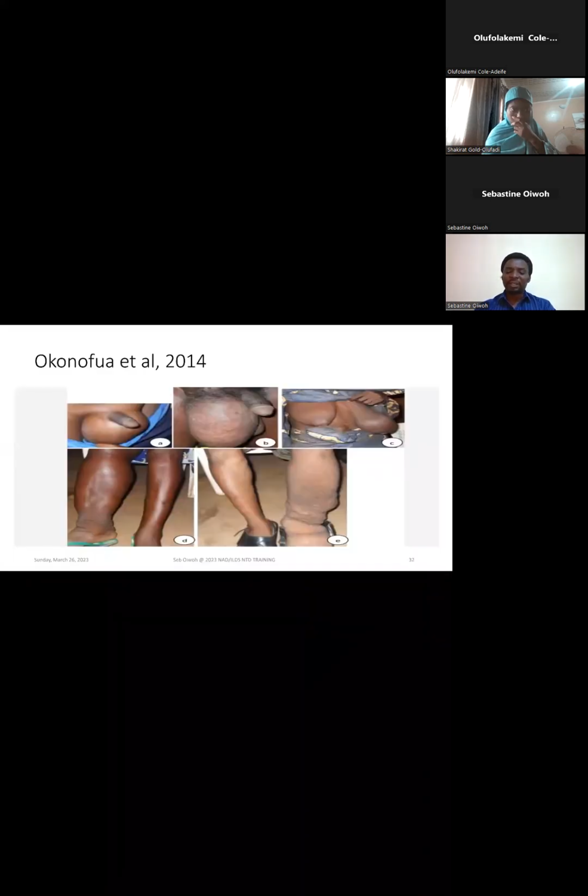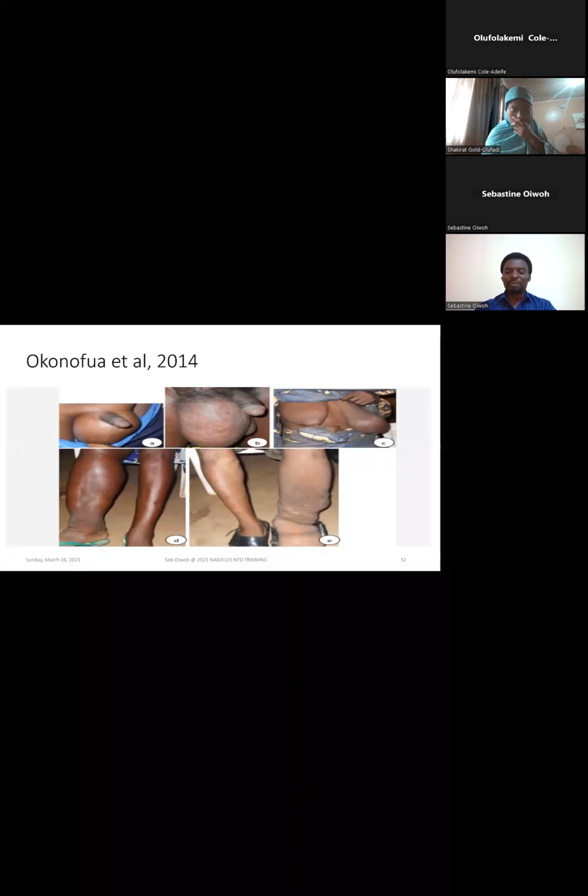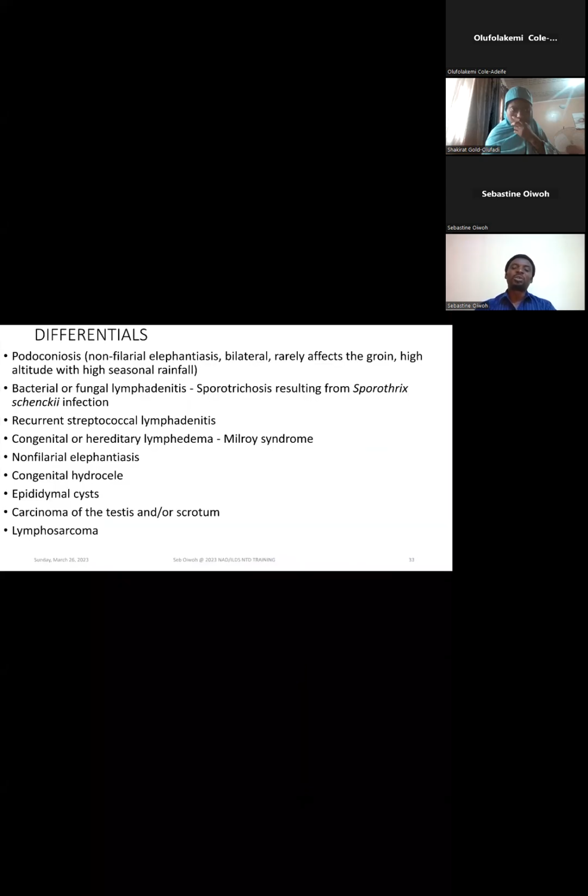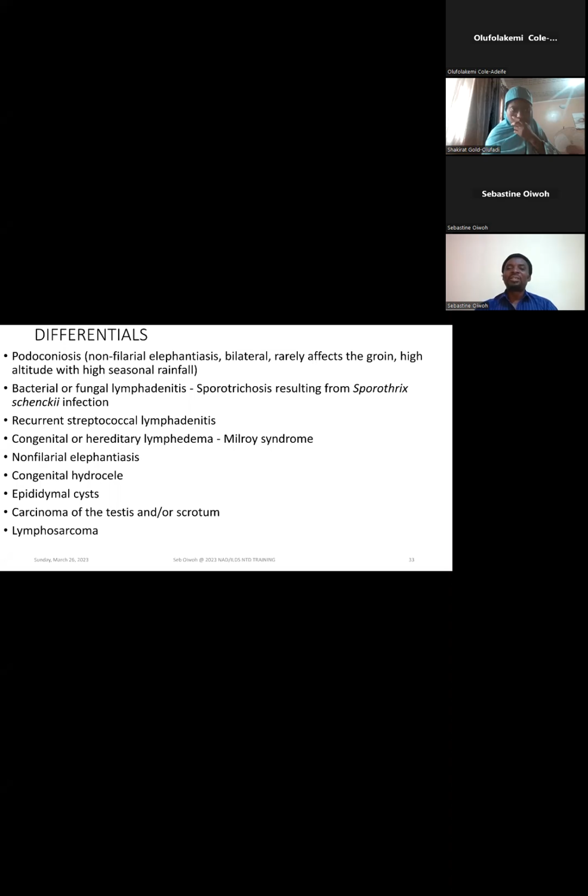And so it can affect any part of the body. It can affect the scrotum with hydrocele, as seen in this diagram, it can affect the breast, and as many parts of the body as previous studies have reported. What are the differentials? I've mentioned podoconiosis, deep bacterial or fungal lymphadenitis. Then, of course, we want to be sure whether this is a primary lymphedema or a secondary lymphedema.